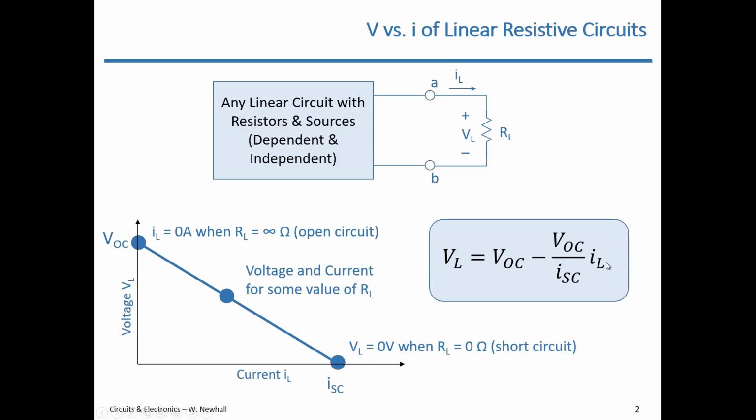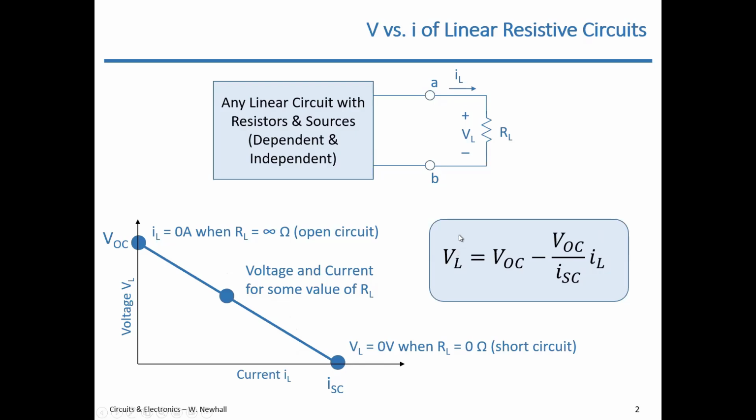So that's just the equation of that line. Okay, so the importance of this is I can relate voltage across the load to current through the load based on the resistance value, or as I change the resistance, using this equation.